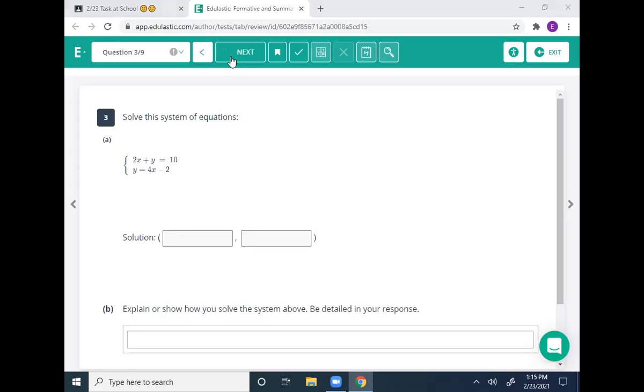I need to solve this system of equations. First question, what do we notice about this system? Anything at all? Olivia? For the 2x plus y equals 10, there's no y equals or x equals in front of it. Okay, so this one is not y equals.